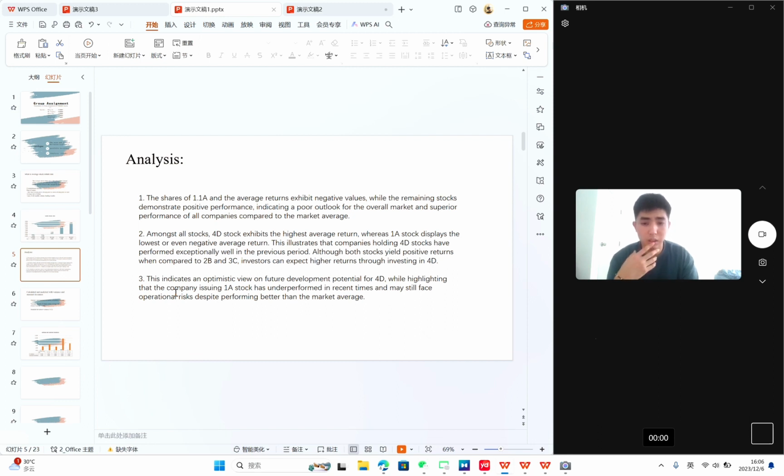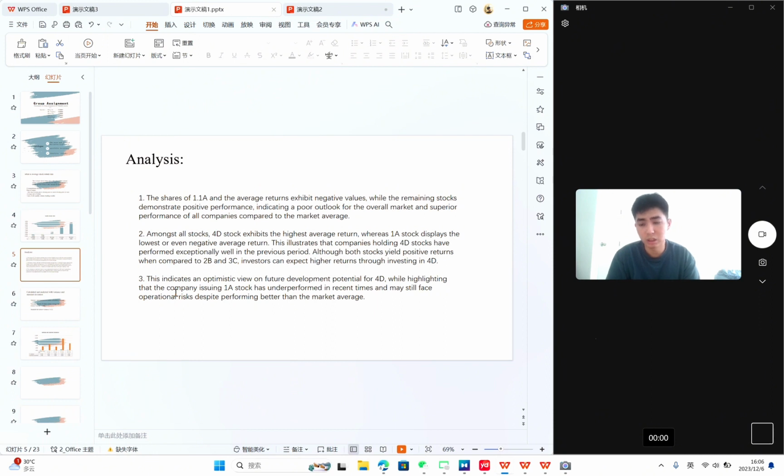This illustrates that the company holding 4D stock has performed exceptionally well in the period, although both stocks yield positive returns when compared to 2B and 3C. Investors can achieve high returns through investing in 4D.